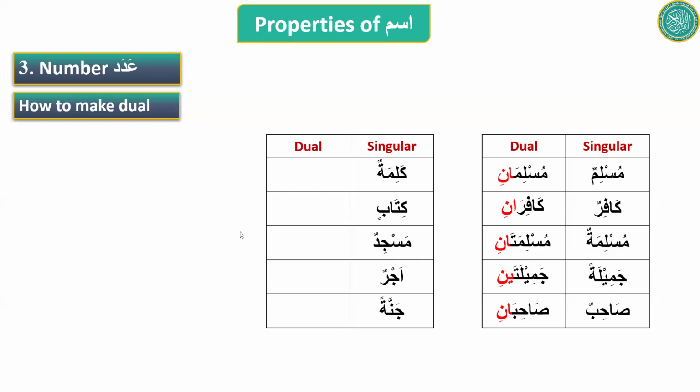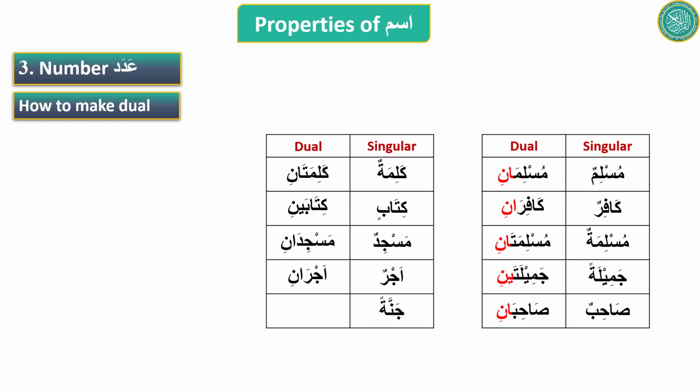Kalimatani. Okay. Kitabin. Now be careful. This is jar. Give me the dual. Kitabaini. Masjidun. Masjidani. Ajrun. Ajrani. Jannatan.